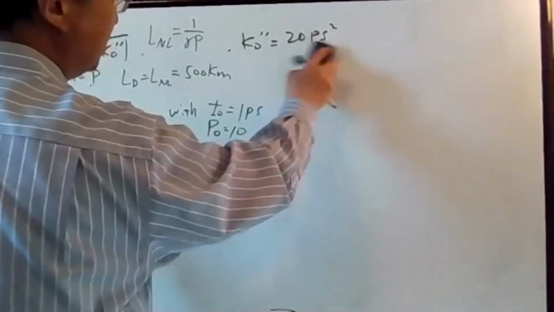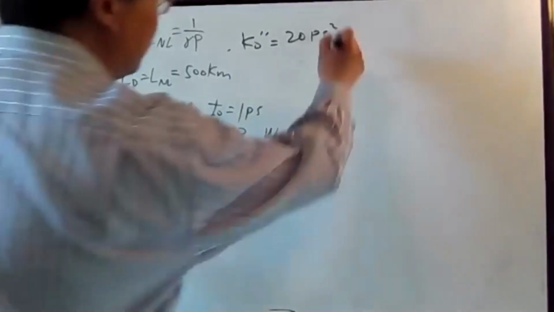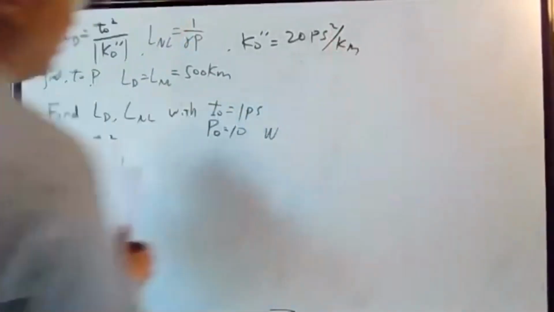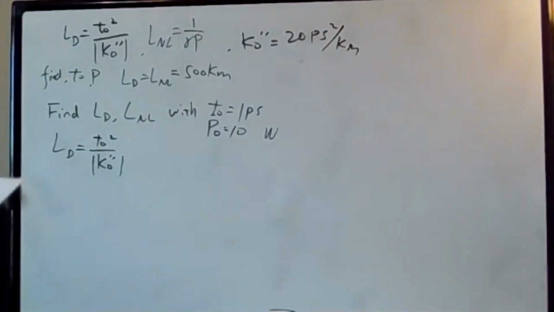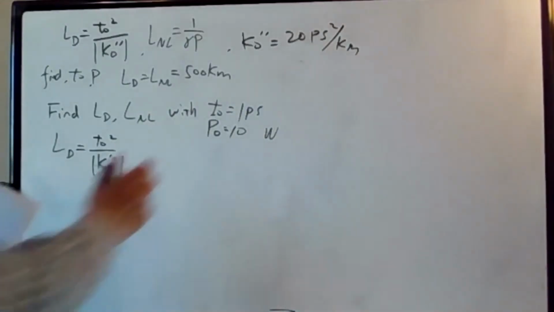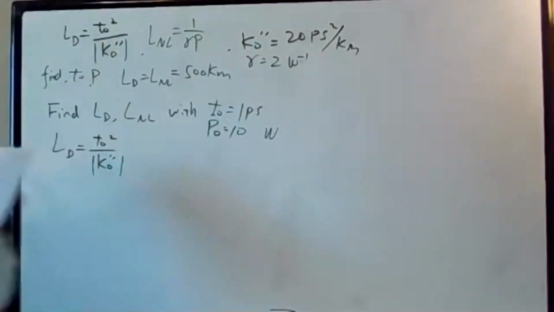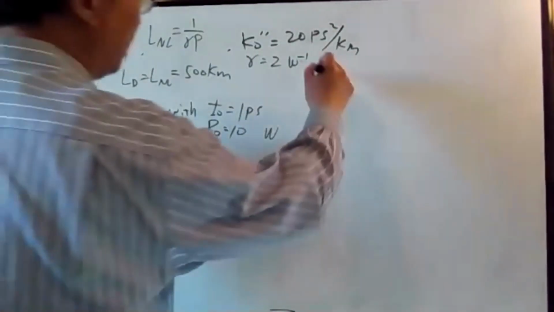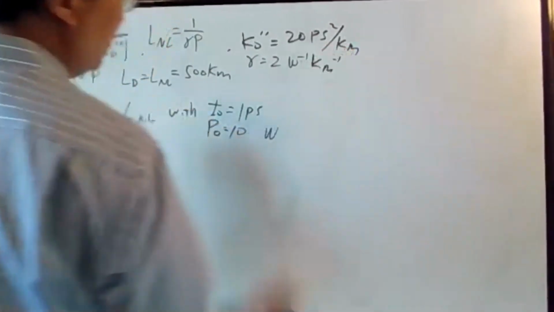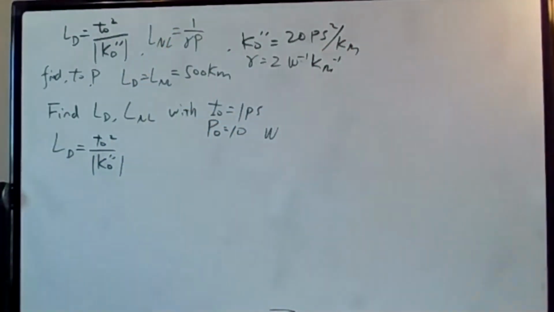And gamma is 2 inverse watt inverse kilometer.